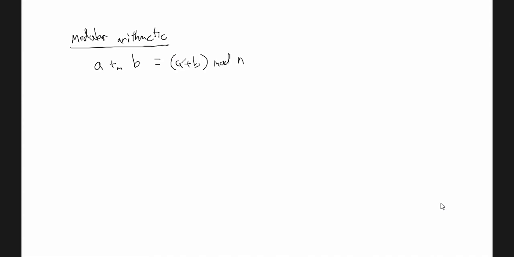In order to do that, I can just use those previous theorems. I can break down a and b, and likewise, once again, I use the theorems to break down a and b to find out what it is mod n.